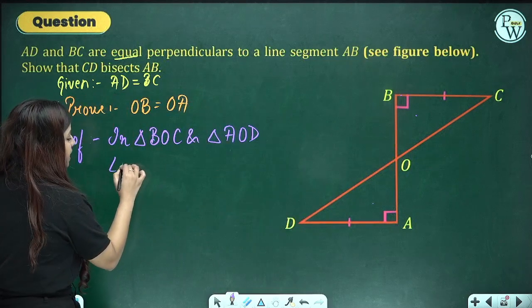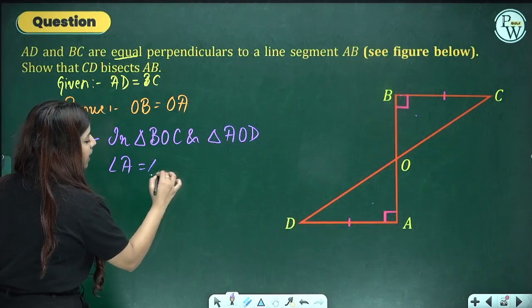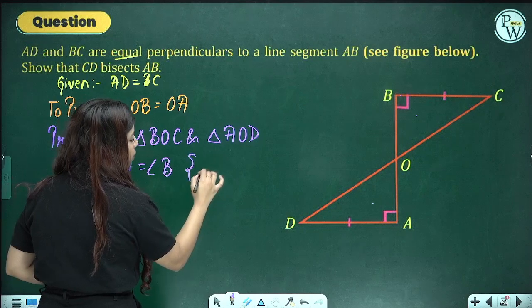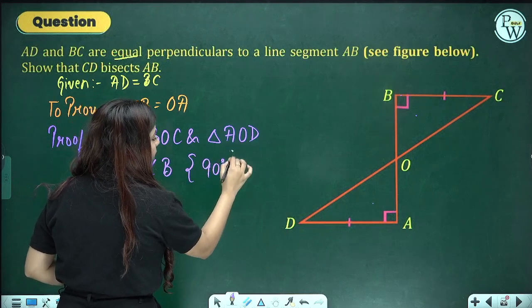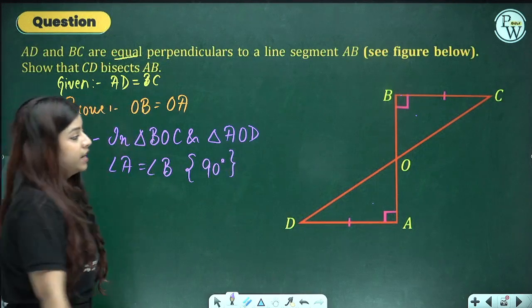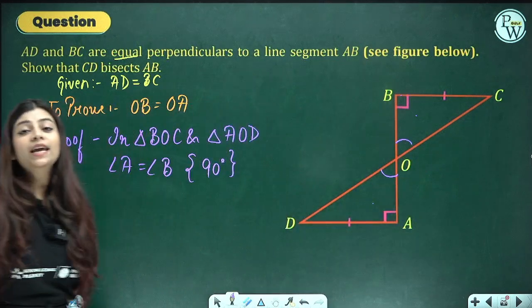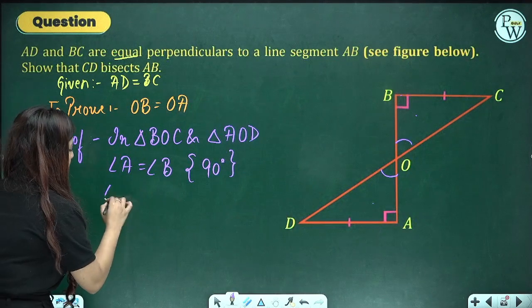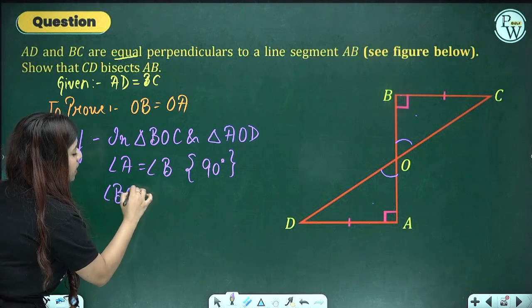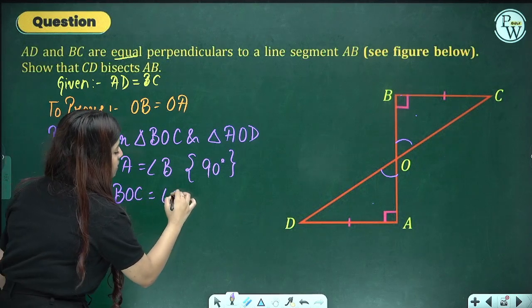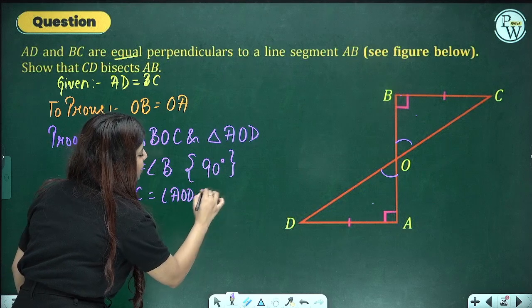So we can say that angle A is equal to angle B, as both are 90 degrees. The next thing we can say is that angle BOC is equal to angle AOD, vertically opposite angles. And why can we say that?